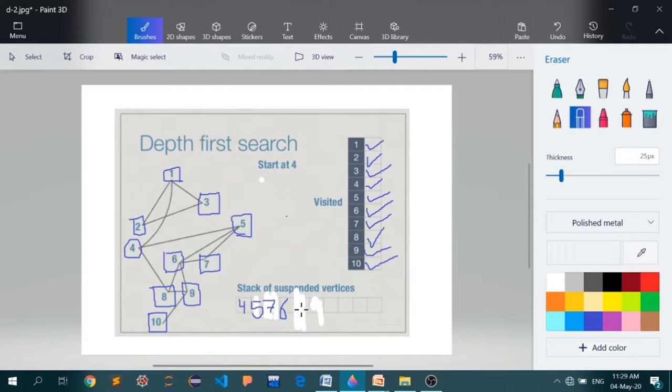Let's go back to the top of the stack now. For 6 we have 5, 7, 9, 8, and I think all of them are visited. I'll remove that also from the stack. For 7 we have 6 and 5 that have already been visited, so I'll remove that from the stack also.